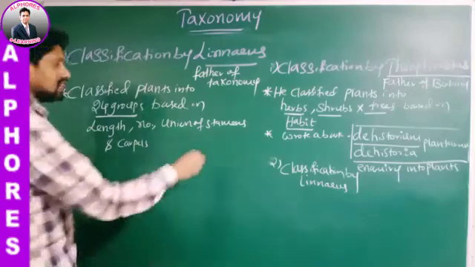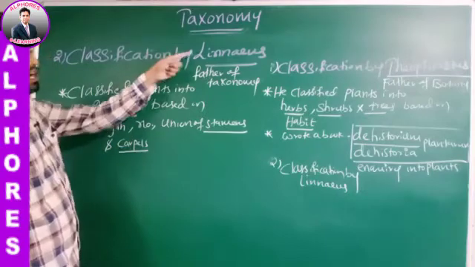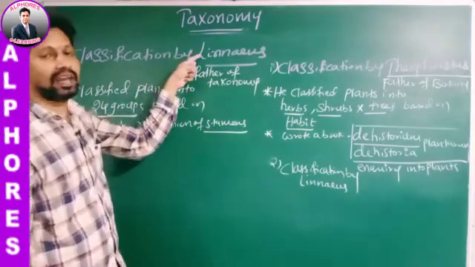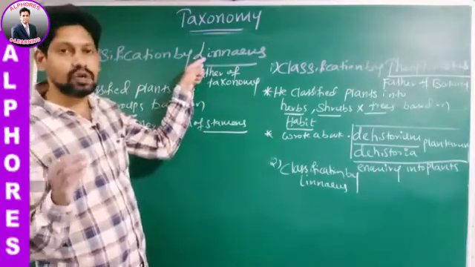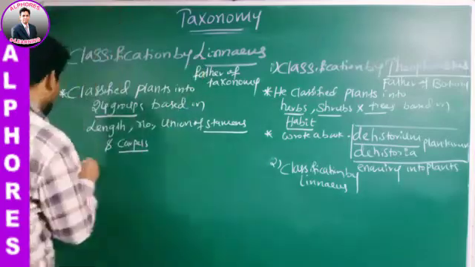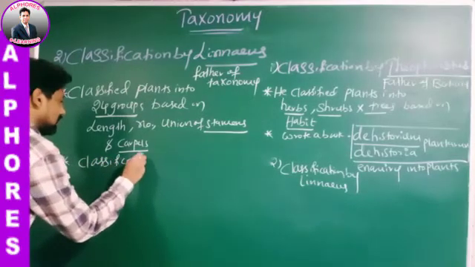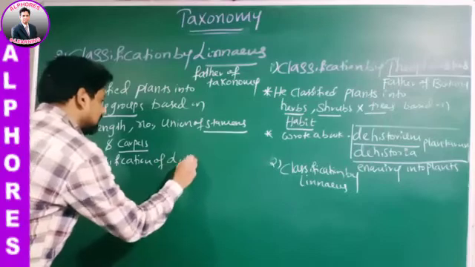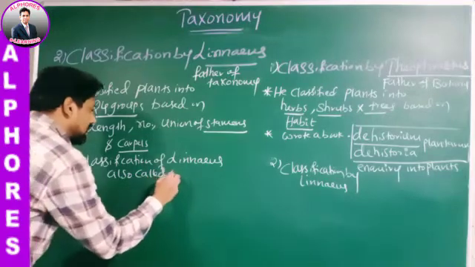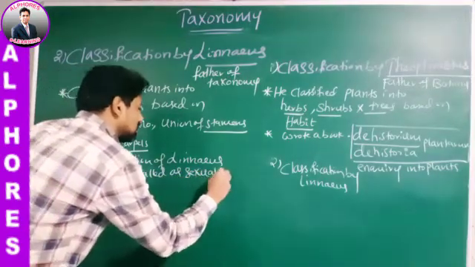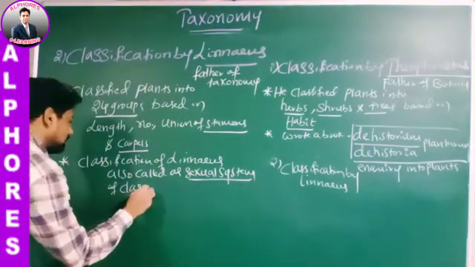See these ones. Stamens means the unit of androecium. Carpels means the unit of gynoecium. It means he was the first to use sexual characters while classifying plants. So the classification of Linnaeus is also called the sexual system of classification.